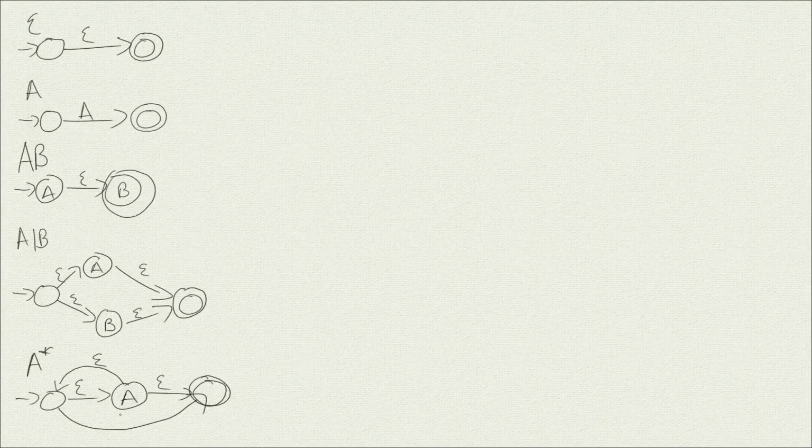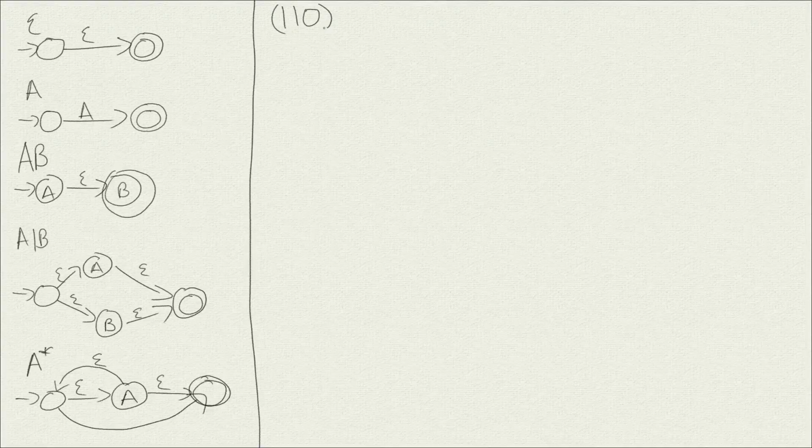So if I have a regular expression like 1 or 0 star 1, so this is 1 or 0, with any combination, so it doesn't even have to exist, and there must be a 1 at the end.